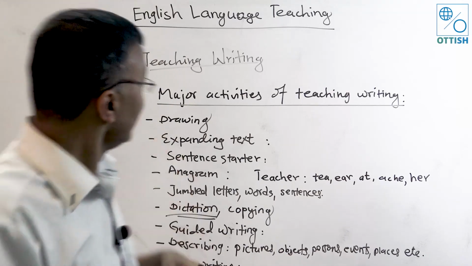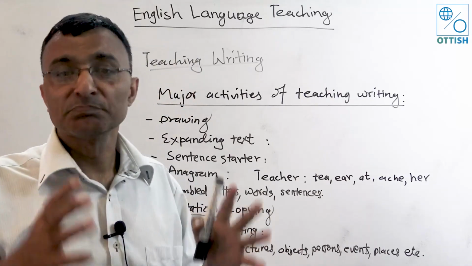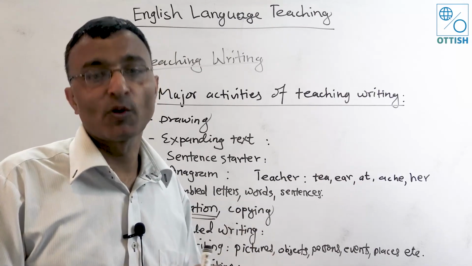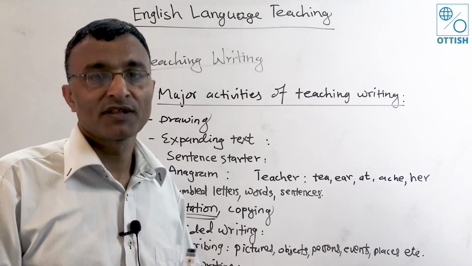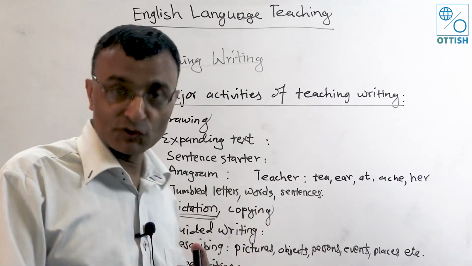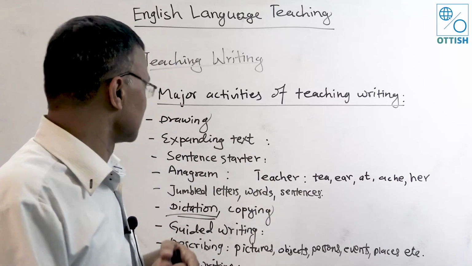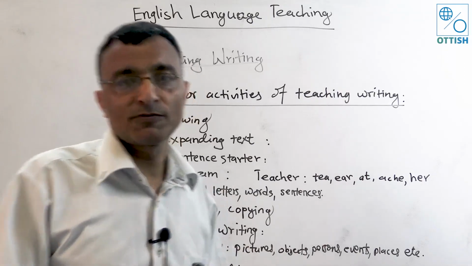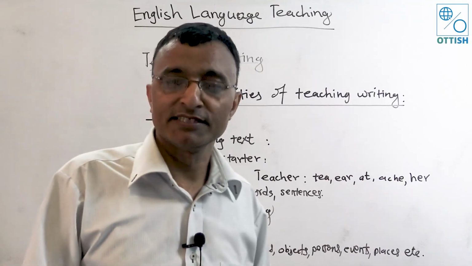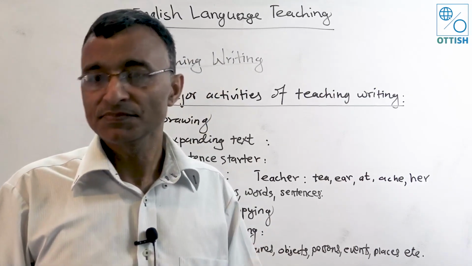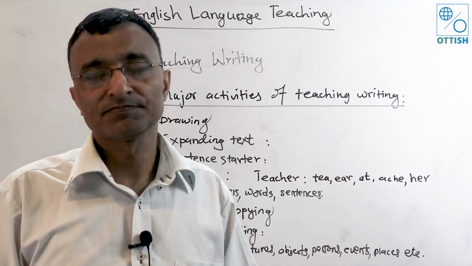So these are the major activities that can be carried out in primary classes while teaching writing, or for developing writing skills in the students. These are major activities in primary level. This much for teaching writing today, and we'll discuss grammar later.